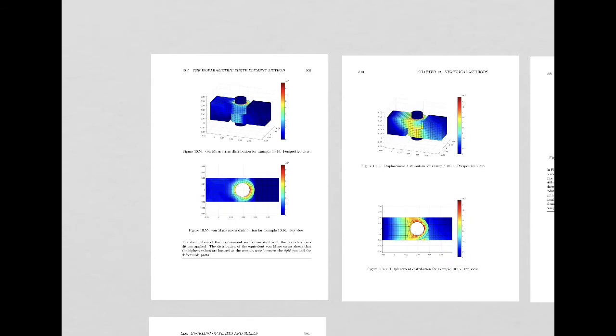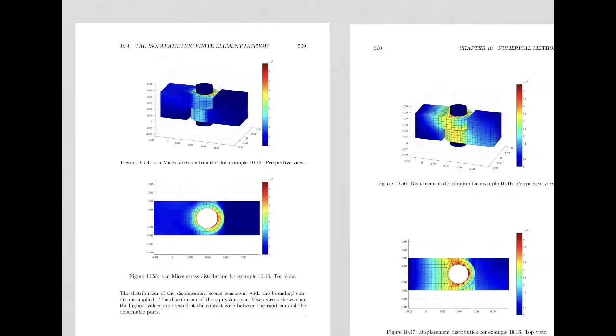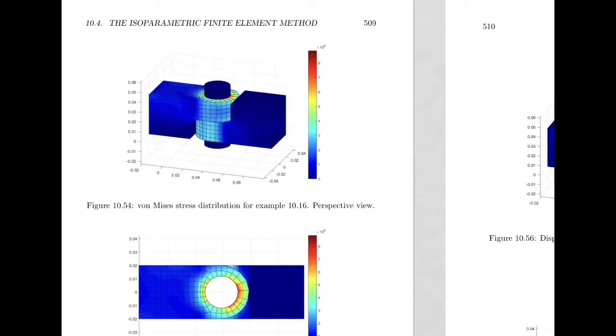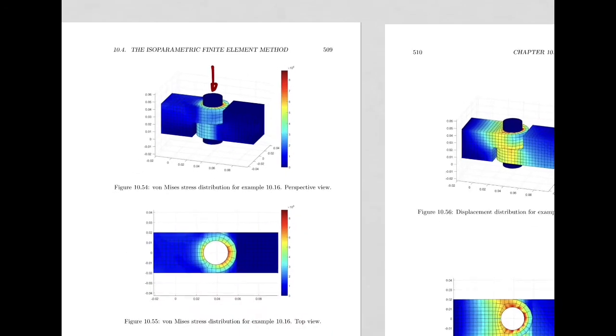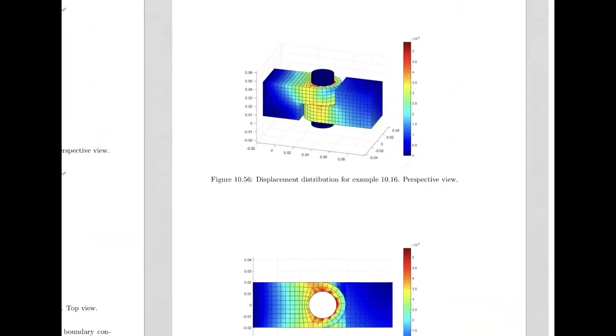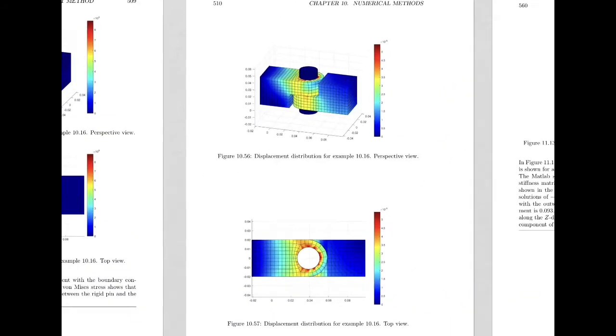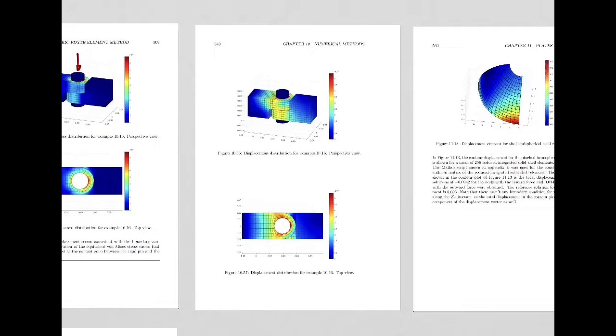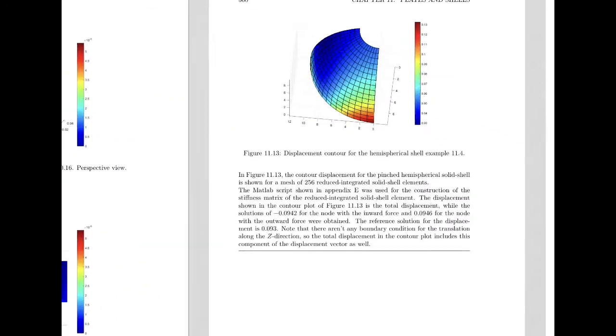That is included in the book. So you can predict the equivalent von Mises stress. The pin here is modeled as a rigid body, but the other two parts of the hinge are deformable bodies, and you can see the distribution of the von Mises stress. You can also see the distribution of displacements or wherever else you want to see.